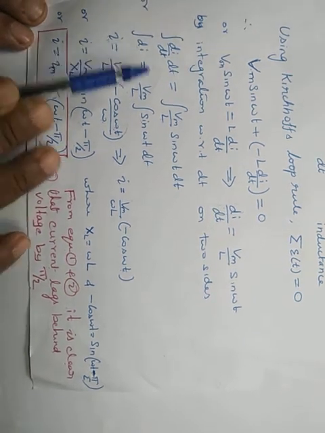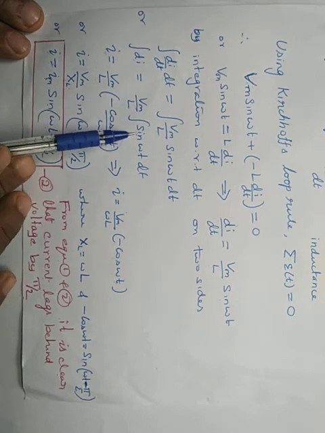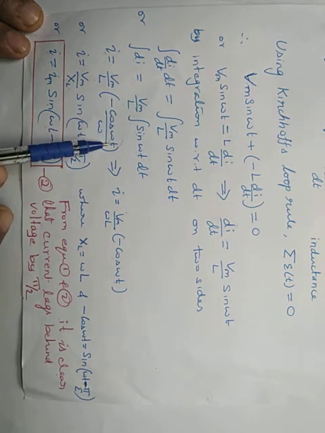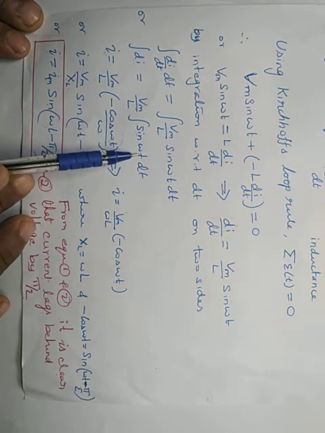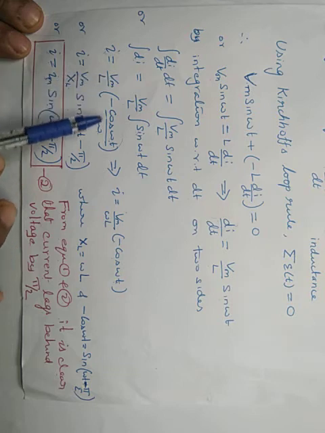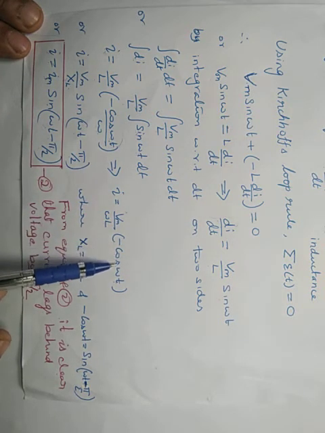Integration of di is I. So Vm by L into integration of sin omega t, which is minus cos omega t into 1 by omega. Take omega outside, you will get Vm by omega L into minus cos omega t.